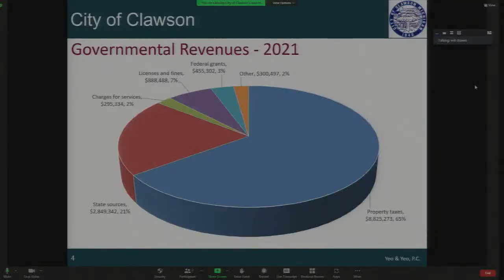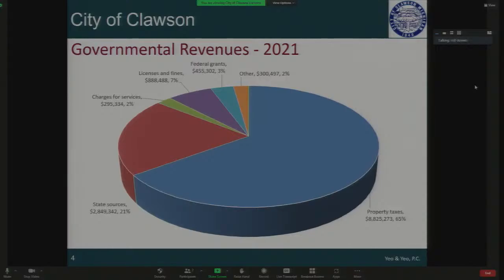Page 4 is really a quick snapshot and summary of what is reported on page 4-7 of the financial statements. By and large, you can see property taxes makes up the bulk of the revenue for the city at about 65%. That's the operating levy, the rubbish, the library, and the debt.